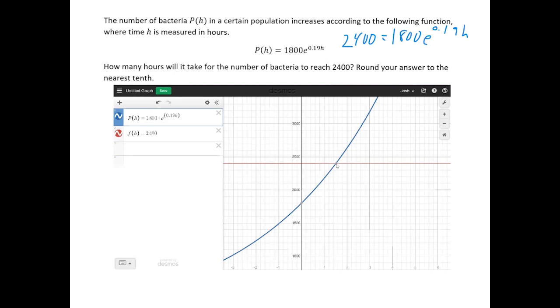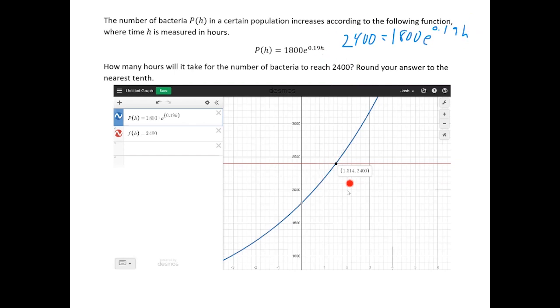That gives me the intersection between the original given function, P of h equals 1,800 times e to the 0.19 times h, and the number 2,400. 2,400 is a function, a horizontal line, and finding out where they intersect is going to give me the solution. It's going to tell me for what h can I plug in up here, will I get 2,400?